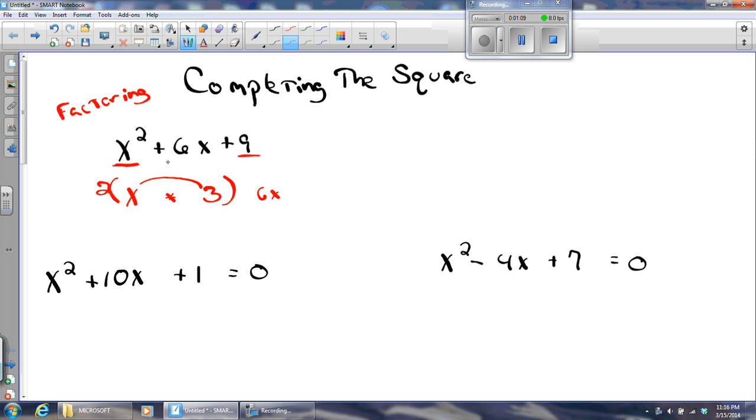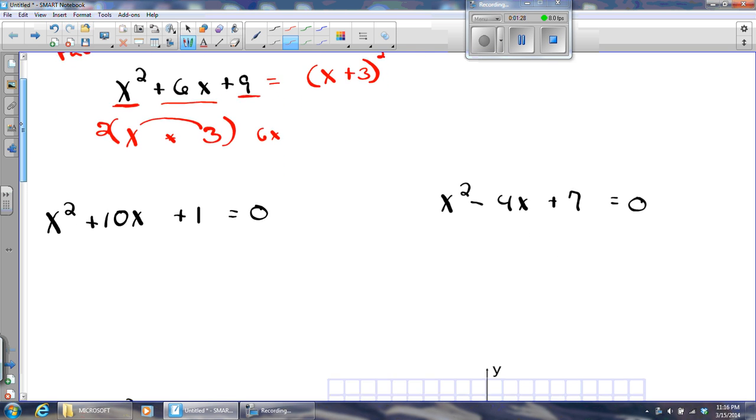If that matches the middle term, then you've got a perfect square trinomial, and this will factor as x plus 3 quantity squared. You remember doing that? Okay, now hopefully you can go back and review if you're not sure.